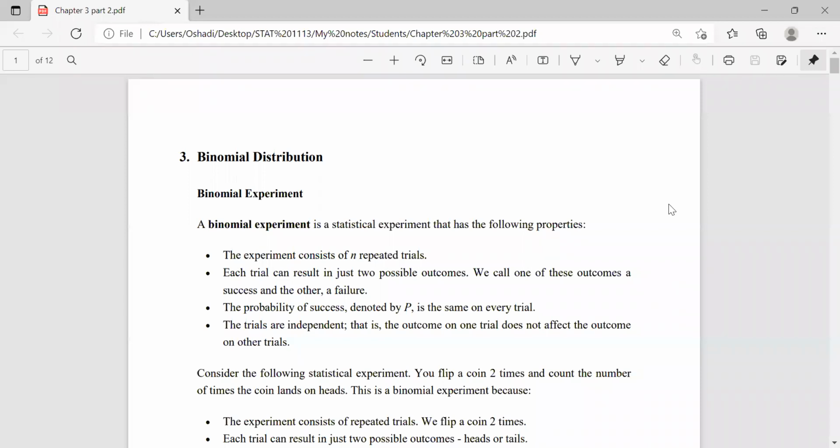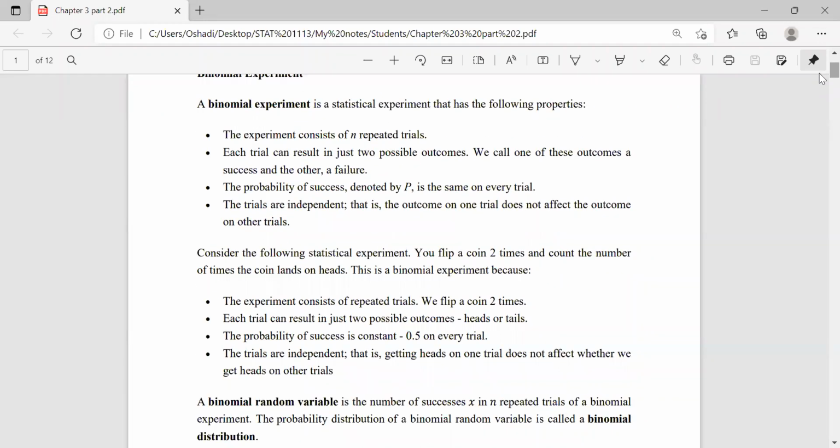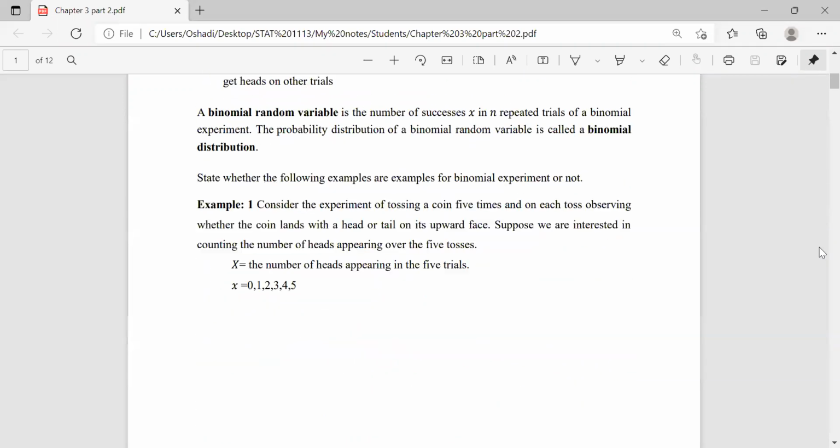And then the binomial distribution, I said that the binomial distribution is an extension of the Bernoulli distribution. In the Bernoulli distribution we have only 1 trial, but in the binomial distribution we have more Bernoulli trials. It is called a binomial experiment. So a random variable defined under a binomial experiment has a binomial distribution, right?